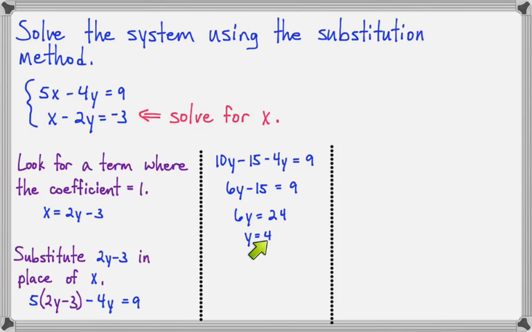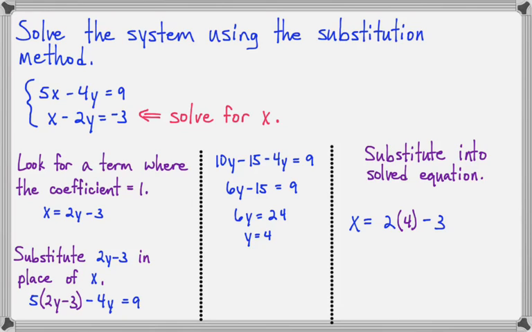Now I'm halfway there. I can use this 4 in my solved equation and find out what x is. So we substitute y equals 4 into the equation x equals 2y minus 3, and we get 2 times 4 minus 3, so that gives us 8 minus 3, which is 5.